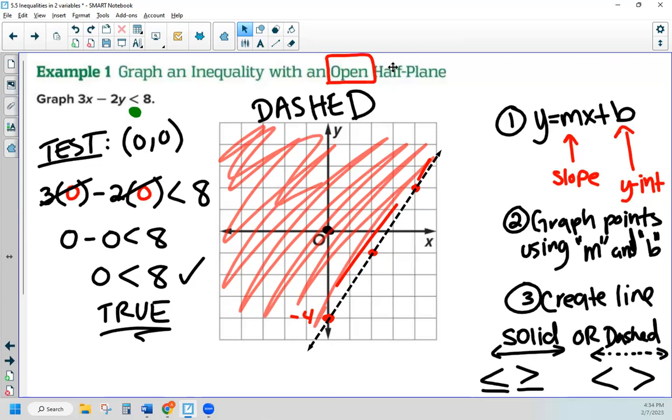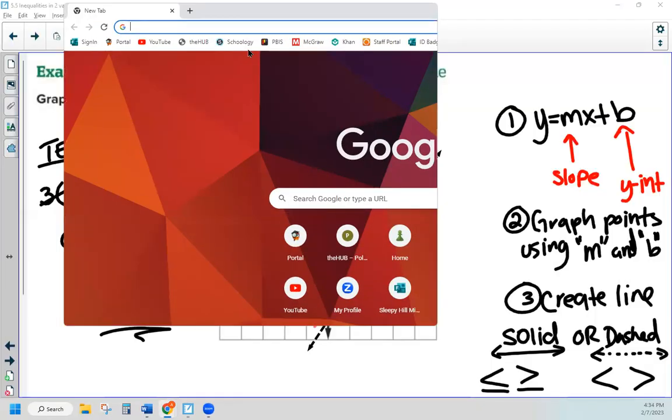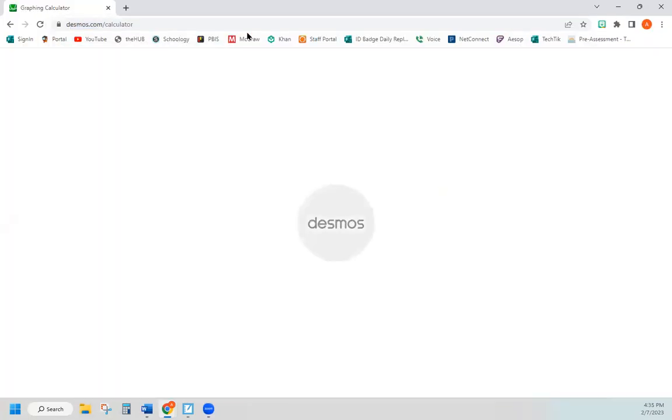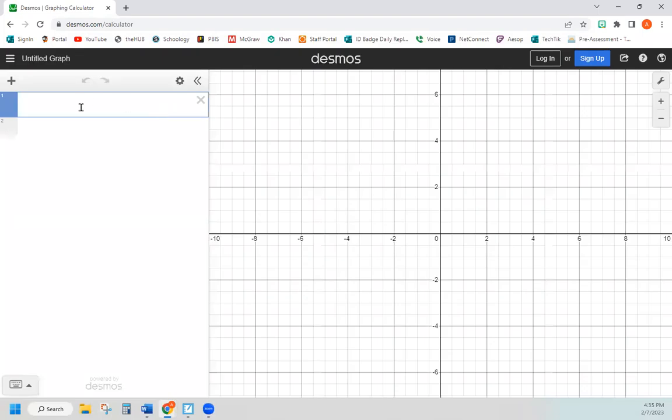All right. Now, just like always, I'm going to go ahead and bring up Desmos here. And let's see what we get. Original equation, 3x minus 2y is less than 8.